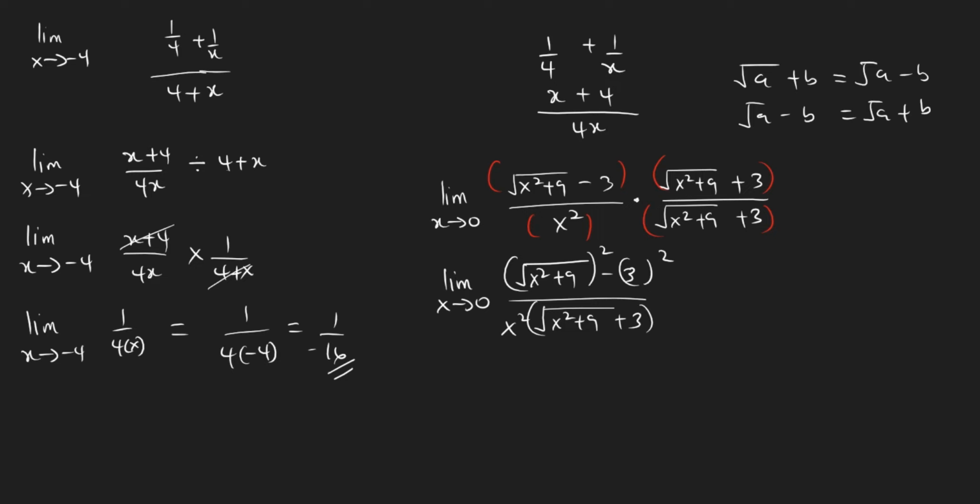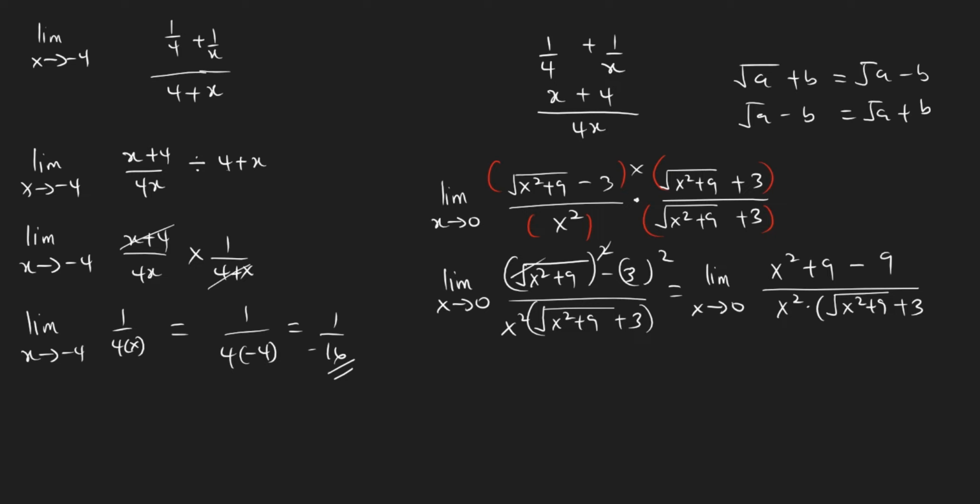So now for us to complete the multiplication of the top terms, all you have to do is square the terms. So I'm going to have the limit as x approaches 0 for x squared plus 9, because this square here will cancel out the square root. So we're going to have x squared plus 9 and then minus 3 squared will give us 9. So all this divided by x squared multiplying the square root of x squared plus 9 plus 3.